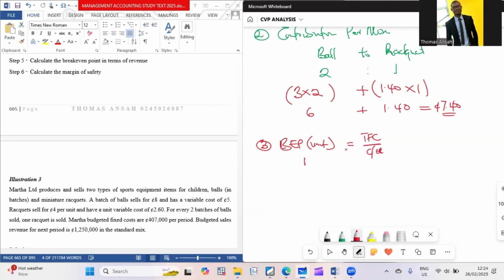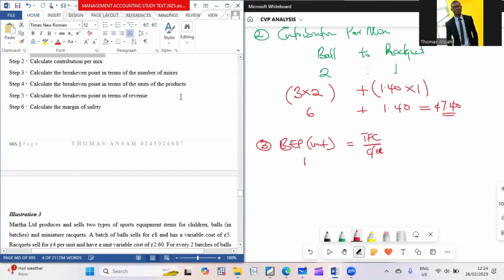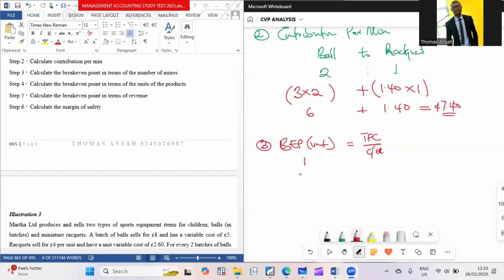But we told you that we are doing it in terms of the product, and we are also doing it in terms of the mixes. So we will come to how you do it. And remember, we said we use the weighted average concept here, right? Don't forget that. So we have our total fixed cost, which was given to us in the question.